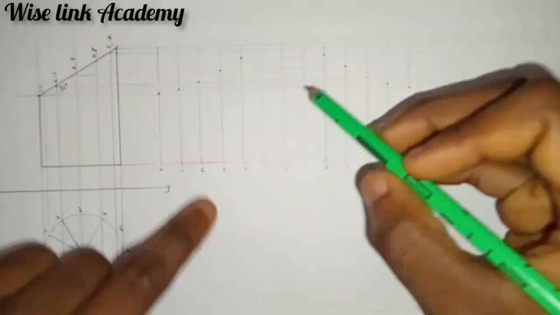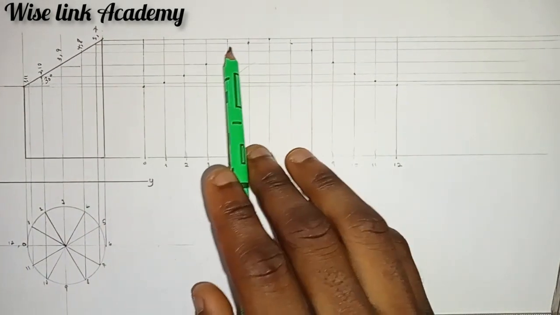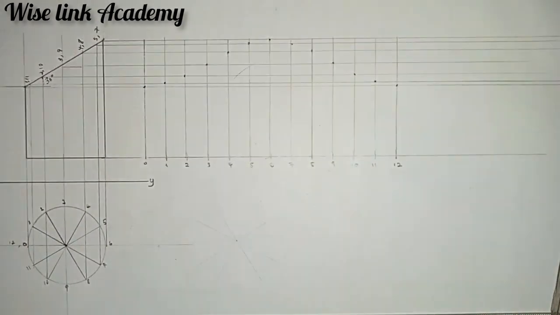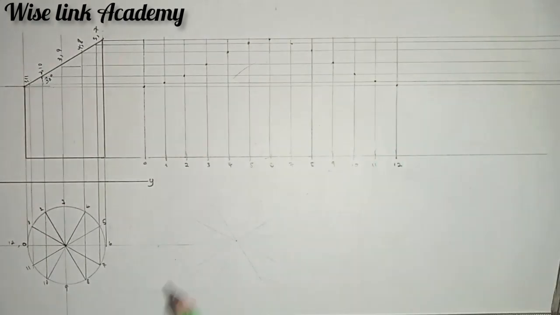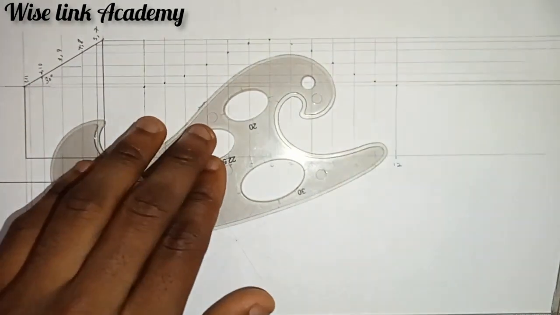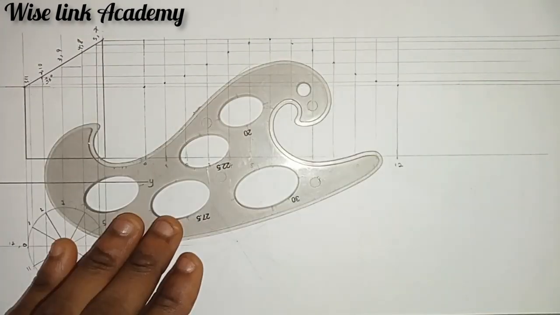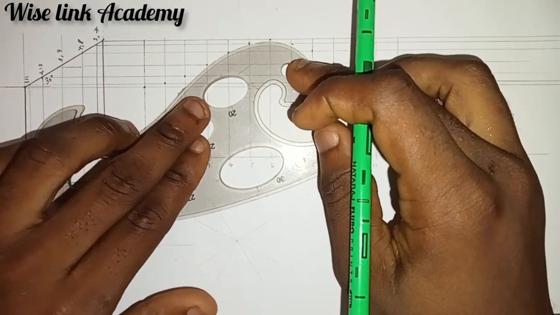5 and 7. So joining point 6, 5 and 7. And last one 6. So I want to use our French curve to join this. So take your French curve, this one. You join. So using a French curve to join this point, I'll be having something like this nature.